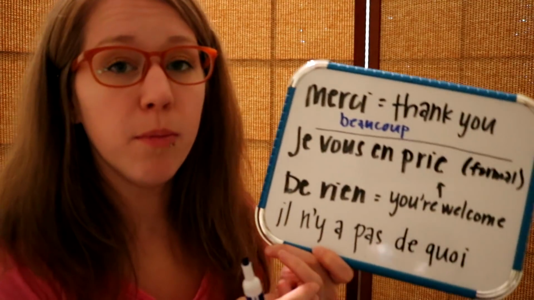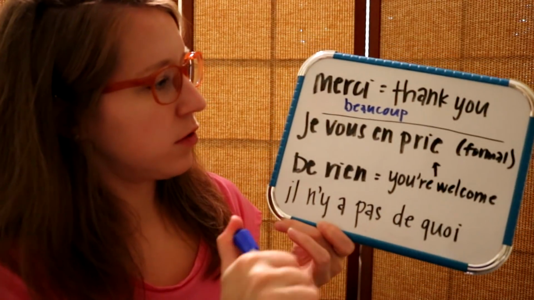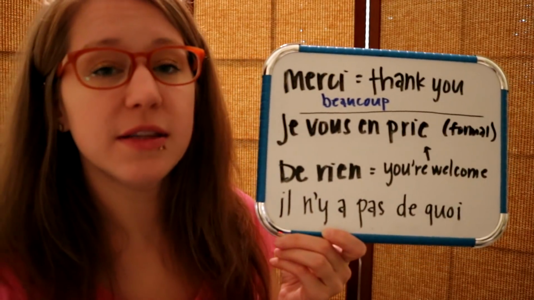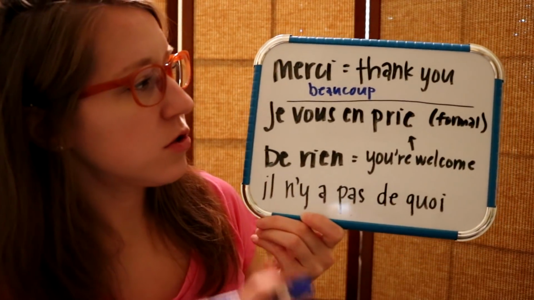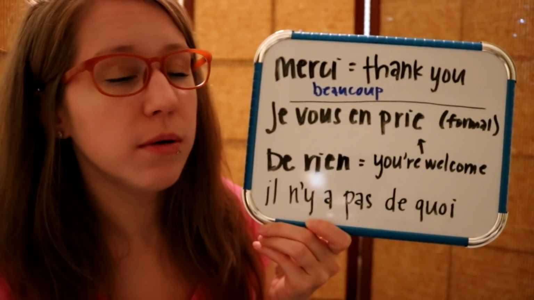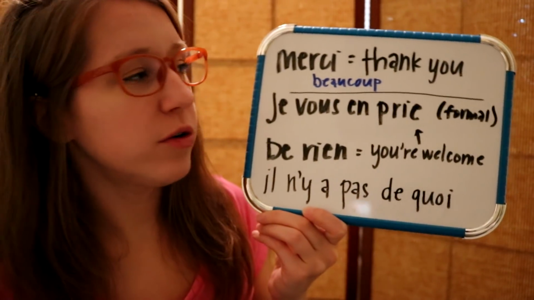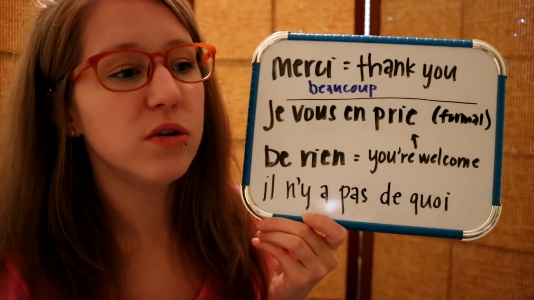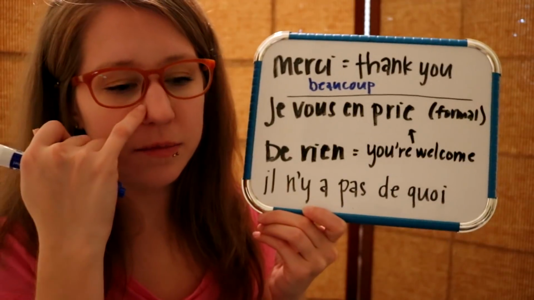So remember, here we have that AU, which makes the O. So you could say merci beaucoup, which is like thank you very much or thank you a lot. Beaucoup is like a lot of.